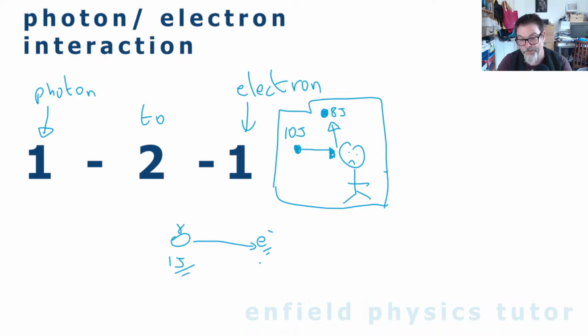And the electron has gained that 1 joule of energy. Now, we need to be careful with this little diagram that I've written here, because there are all sorts of ifs and buts about it, as we'll see. Okay, so this photoelectric effect is explained to a large extent by this idea of one photon giving all of its energy to one electron and ceasing to exist.